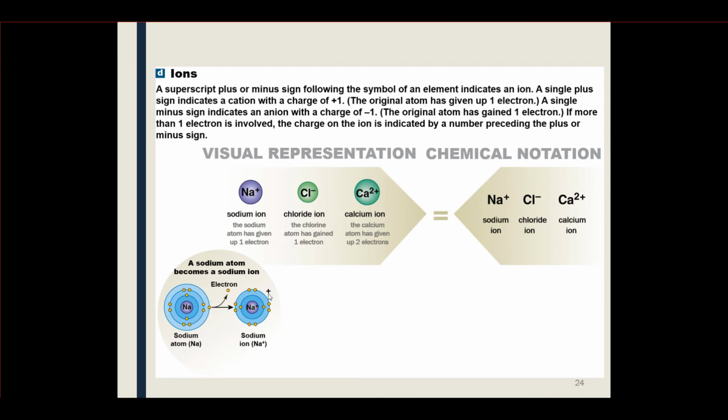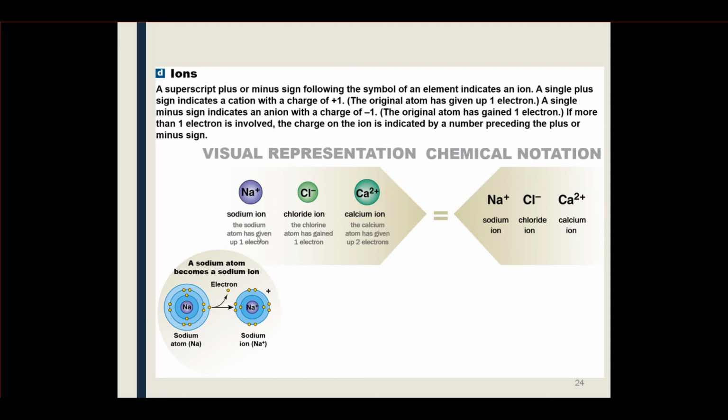So we have to indicate sodium with a plus sign. And if you notice here, guys, sodium is always written with a plus. This plus indicates that we have one more proton than electrons. And the reason for that is the sodium atom has given up 1 electron in order to become stable.